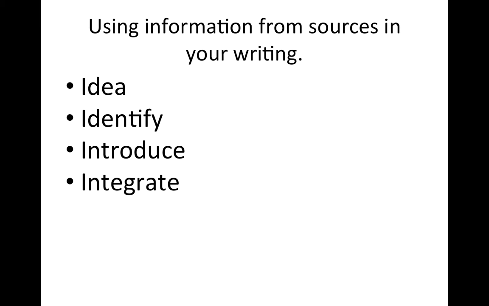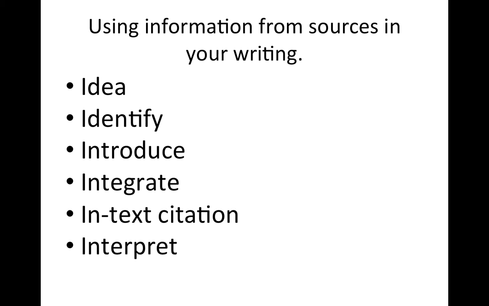You integrate the information from your source into your paper in the most effective way. You provide an in-text citation, and you interpret the information from your source so that your reader understands why it's relevant to your topic idea. So those are the basic steps. Let me break it down for you a little bit.